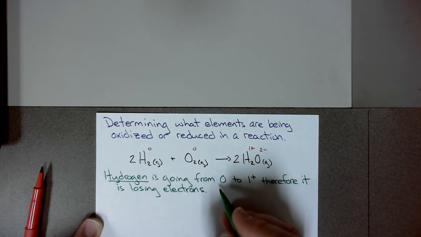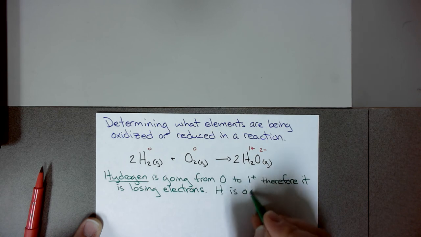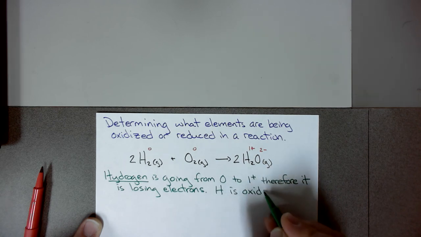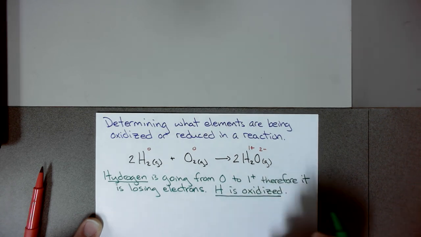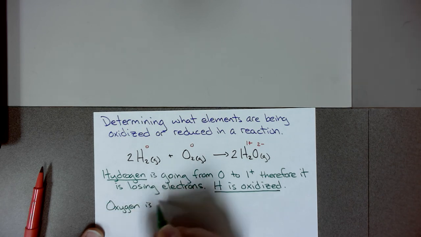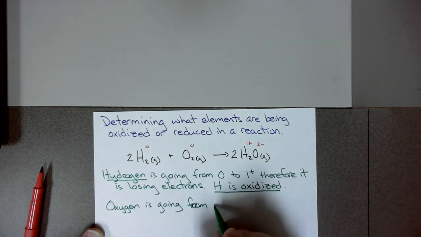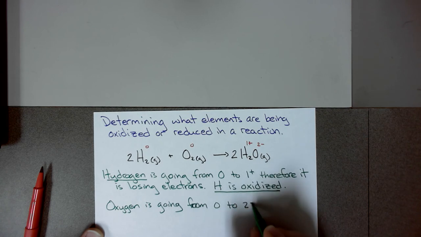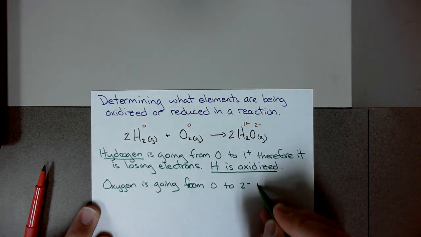Then hydrogen is being oxidized or going through oxidation. So hydrogen is oxidized in this reaction. Or you can say going through oxidation. Either way. Now let's look at the oxygen. So oxygen is going from 0 to 2- in this reaction, and so therefore it is gaining electrons.